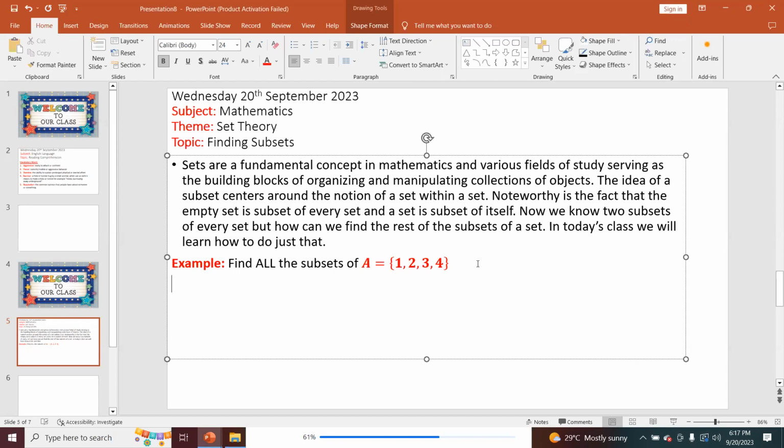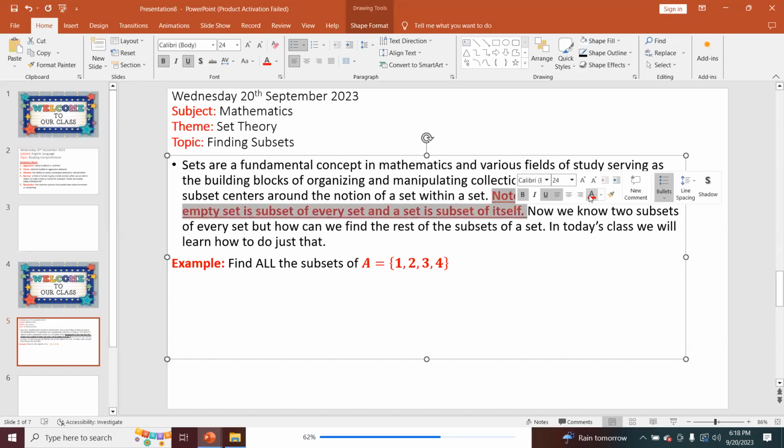How many subsets do you think you're going to have? Is it 4? Okay, give me one subset that you know it's going to have. Let's remember what the notes say. Noteworthy is the fact that, please underline or highlight this in your book, the empty set is a subset of every set, and a set is a subset of itself.